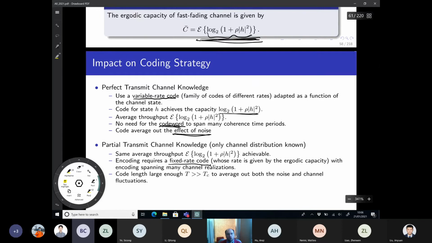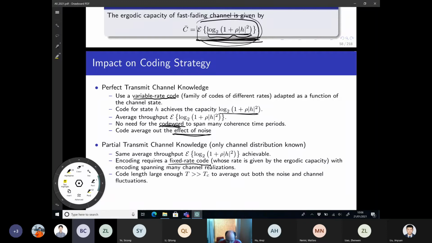So you choose a modulation and encoding rate according to the ergodic capacity, not according to the instantaneous one, because you don't know H at the transmitter. You transmit with that fixed coding scheme, but that scheme has to be long enough in order to span many realizations of the channel, right? So that's what it says.